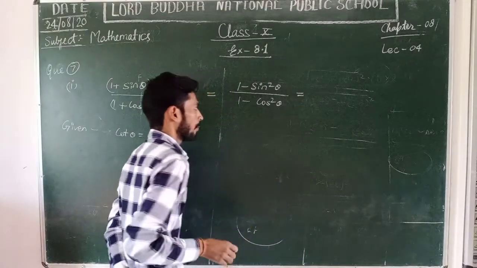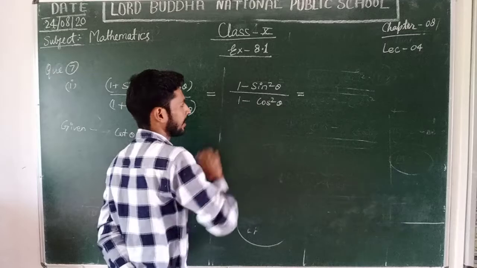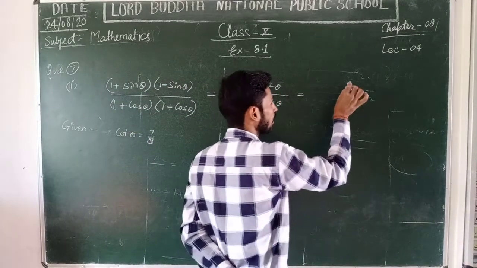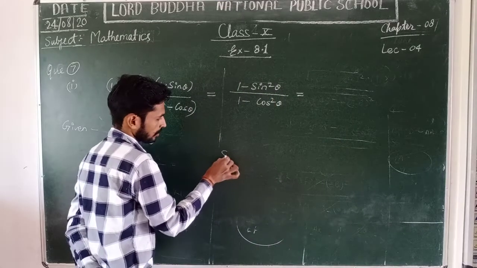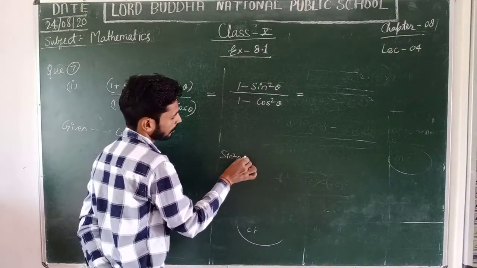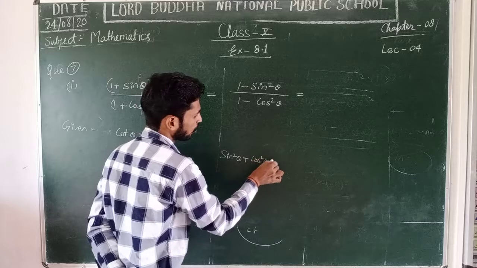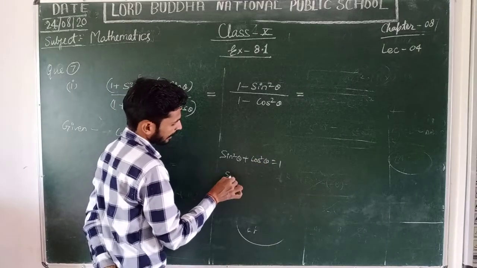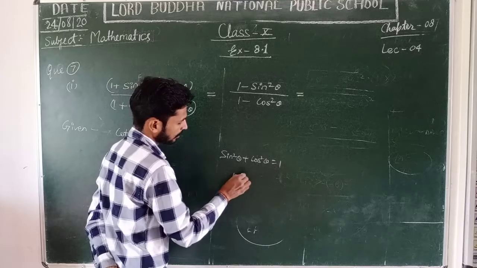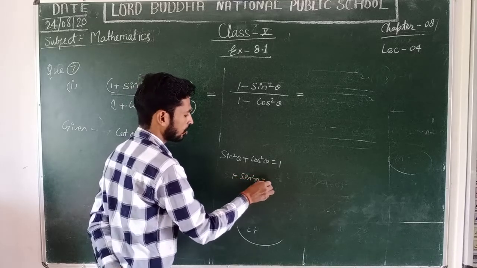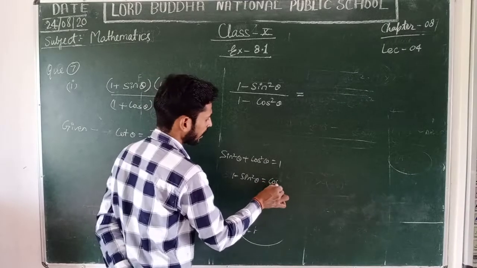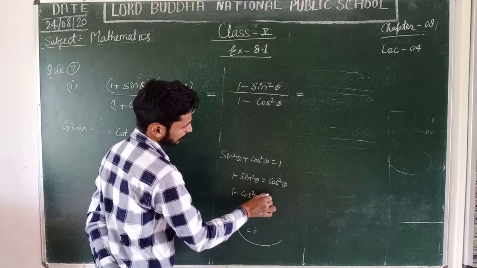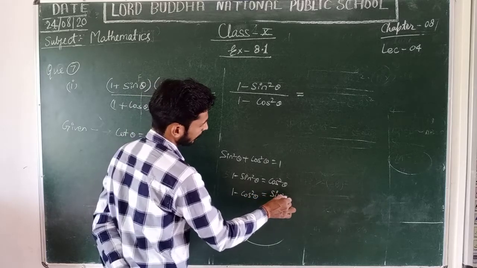Now by the trigonometric identity we also learned that sin square theta plus cos square theta equals 1. So 1 minus sin square theta is equal to cos square theta, and 1 minus cos square theta is equal to sin square theta.